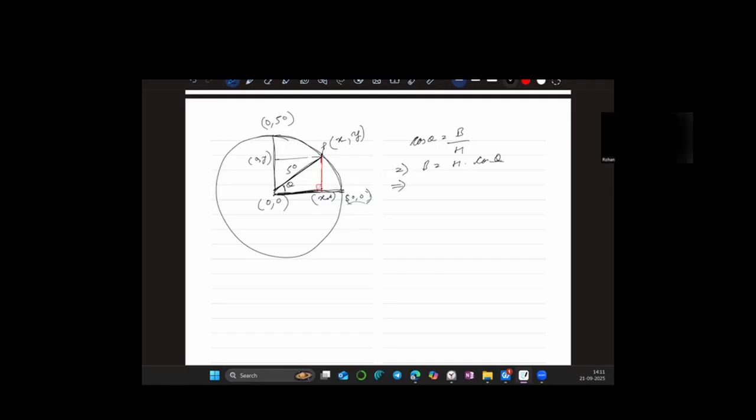And base is nothing but the x-axis. Hypotenuse is nothing but the radius. And cos theta we'll keep as it is. So we have found a formula to find the x coordinate in terms of the radius of the circle and the angle.